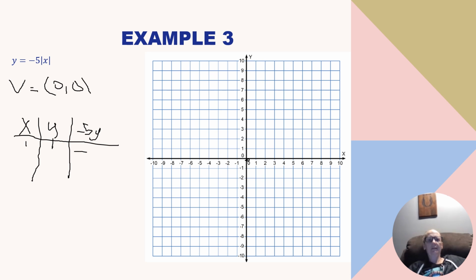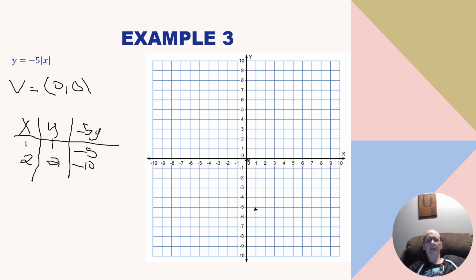So 1 times -5 is -5. If I wanted a second one, I could go 2, and then the absolute value of 2 is 2, and -5 times that would be -10. So the points that I would want are 1 away left and right on the x, and then -5 on the y. So I go over 1 on x and down 5 on y.